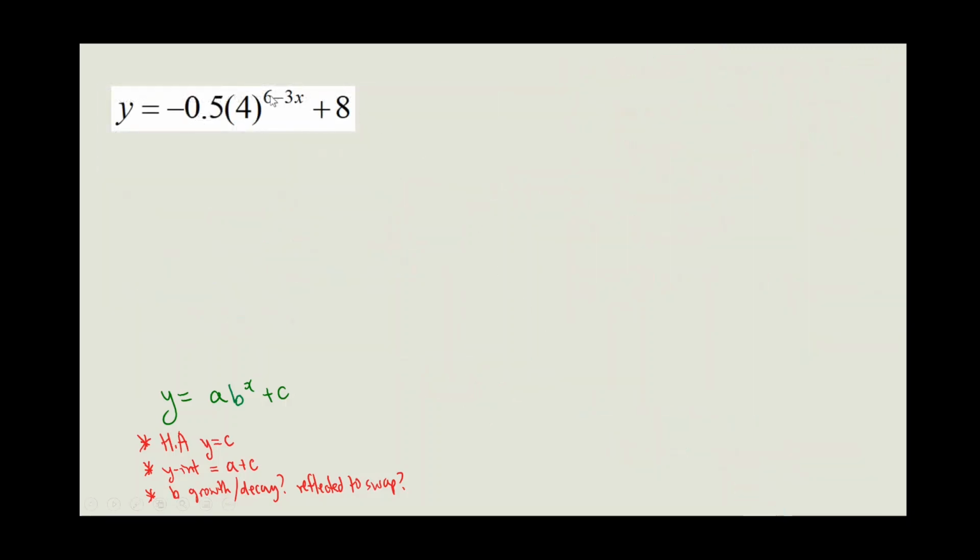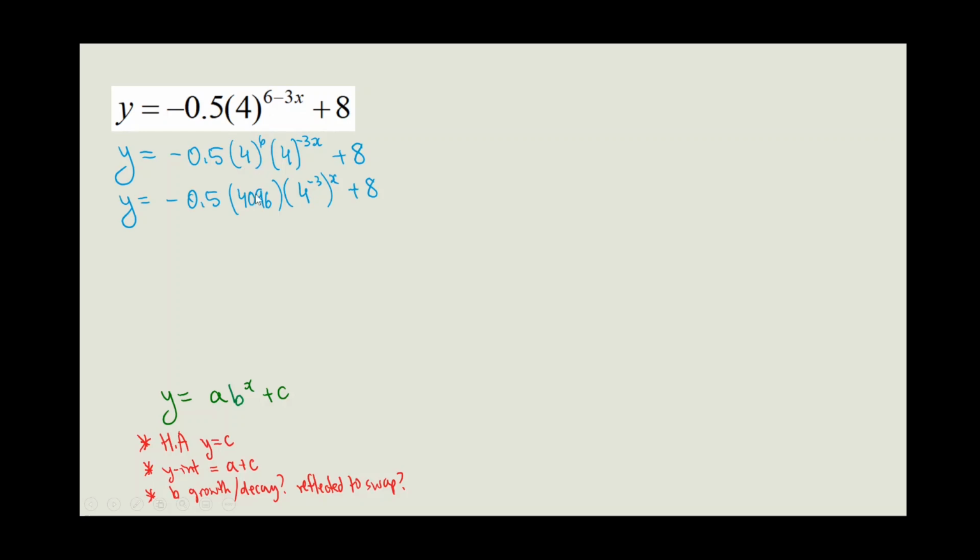So here's another example. I have kept the key information on the bottom for us. First, let's start by simplifying this. We have two terms in the exponent, so rewrite them using two bases. So 4 to the 6 and 4 to the negative 3x is equivalent to the line above.